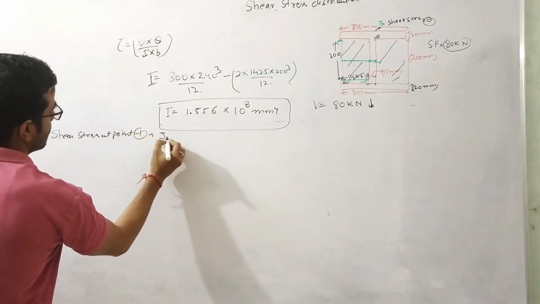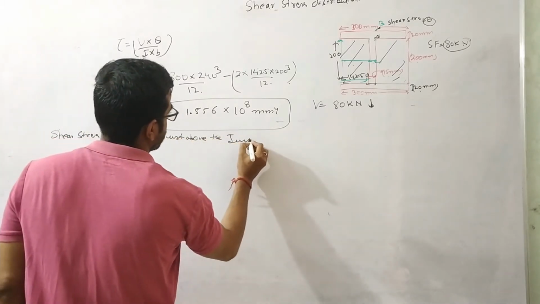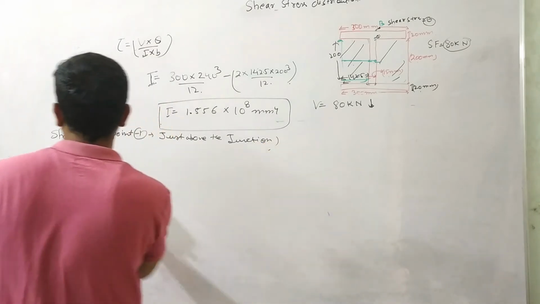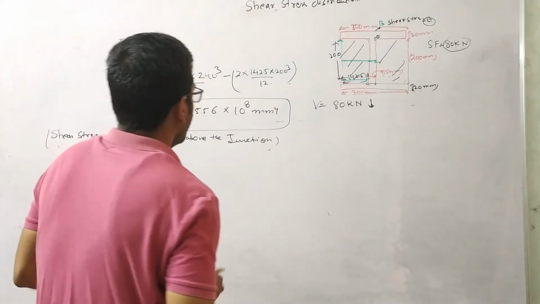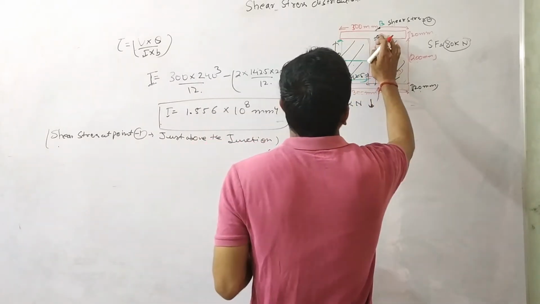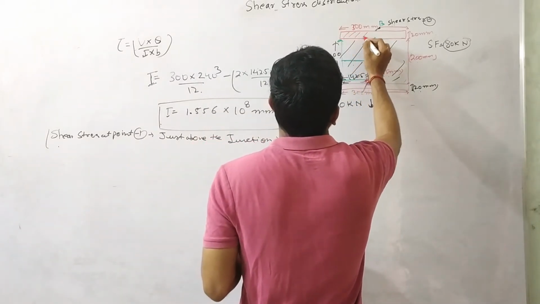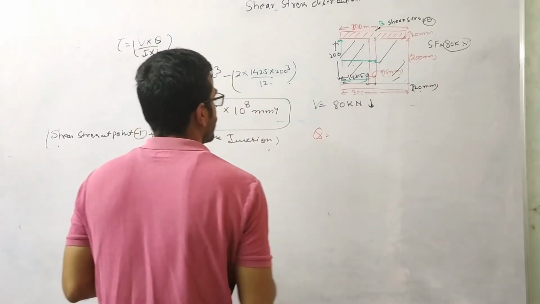If I am calculating the shear stress just above the junction, what will my Q be? Q will be the first moment of area of this portion above the junction.